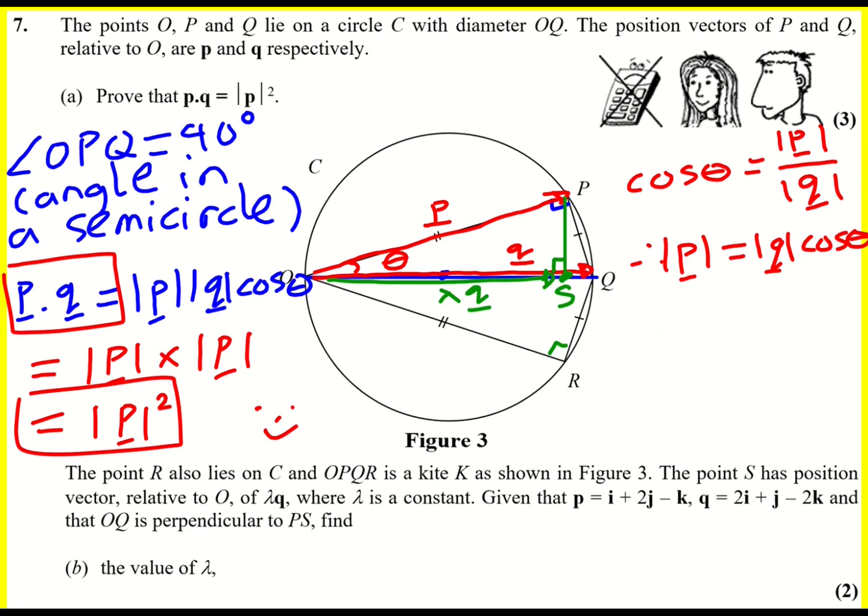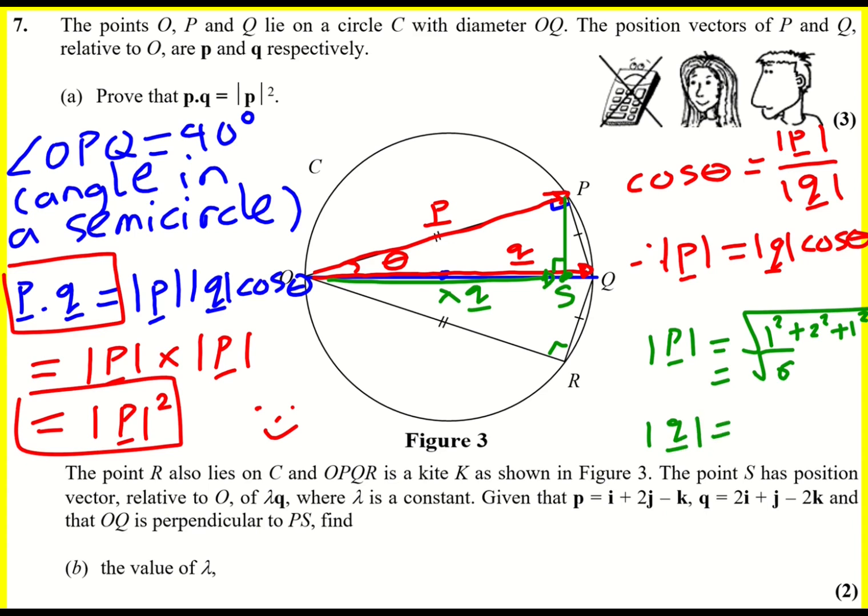So the first thing I'm going to do is work out the magnitude of P. It's going to be the square root of 1 squared. I'm just using 3D Pythagoras on this vector. 1 squared plus 2 squared plus minus 1 squared, which is also 1 squared. That will be root 6.